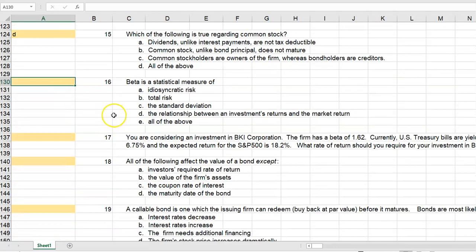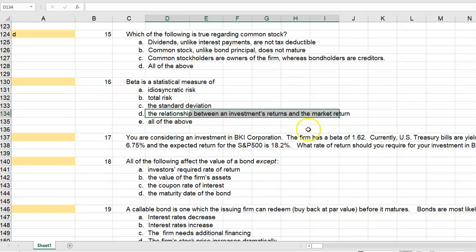Beta. A lot of people talked about beta as a risk. It is sort of. But beta is really the relationship between investment returns and the market returns. It's not a standard deviation, clearly. It's not the total risk. It's not the idiosyncratic risk of the business. It's the relationship between investment returns and the market returns.